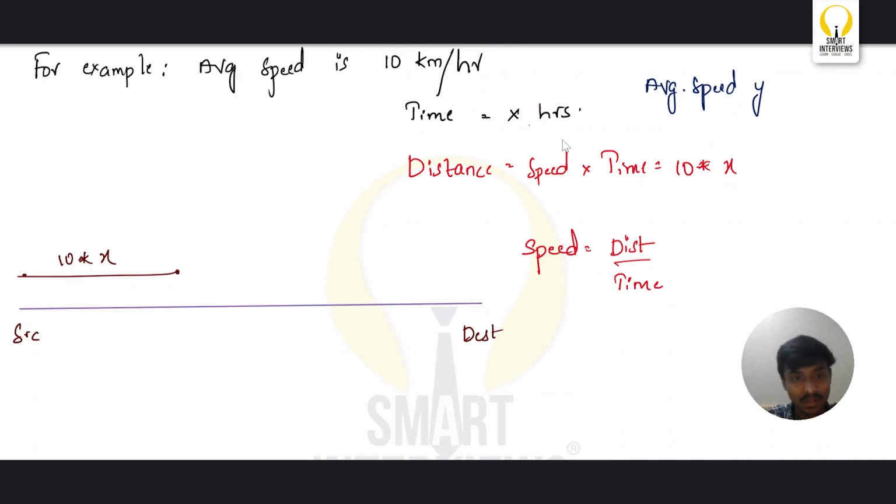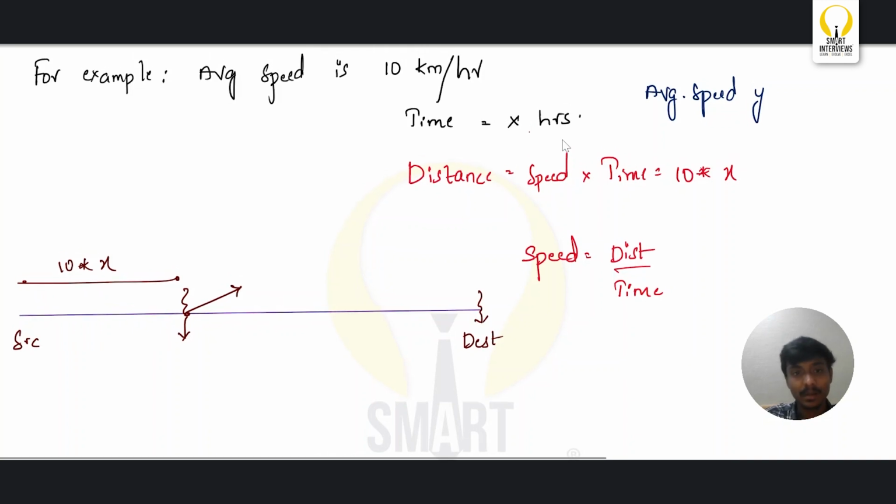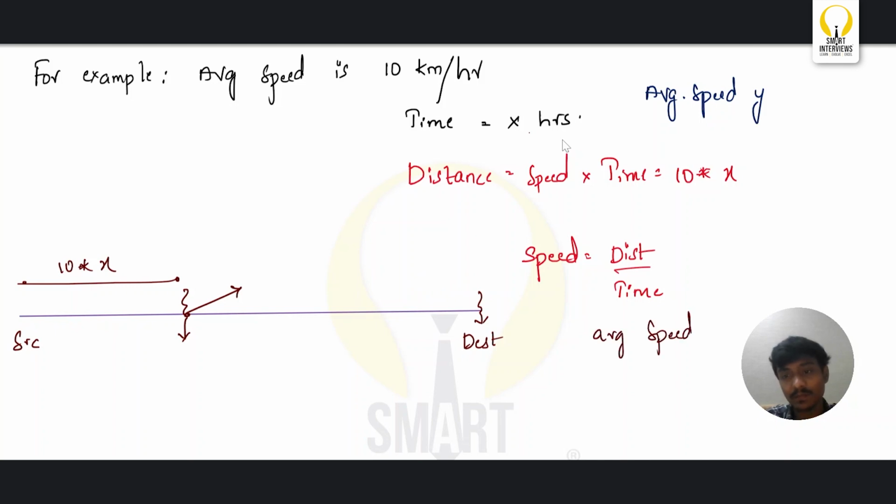Now, from this point, I can reach the destination, okay? But before reaching this destination, I should attain an average speed of y.